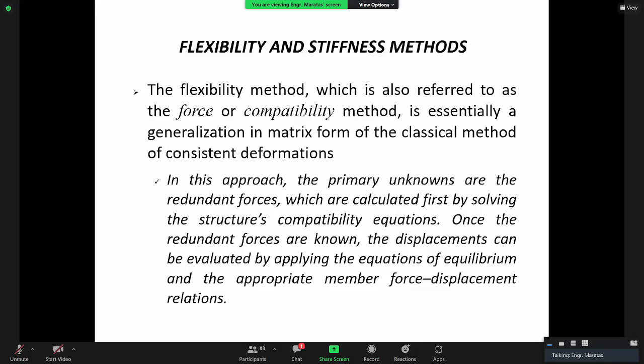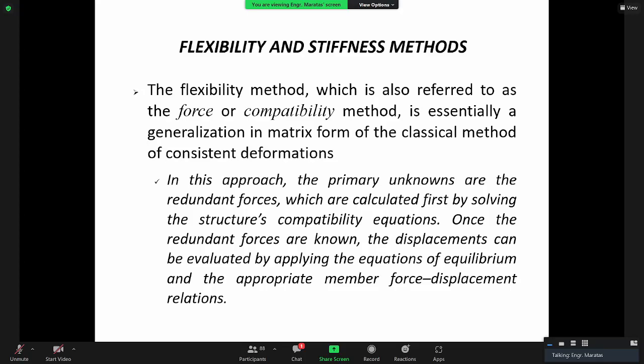So the flexibility method, which is also referred to as the force or compatibility method, is essentially a generalization in matrix form of the classical method of consistent deformations. So it is similar to the classical method of consistent deformations, just expressed in matrix form.